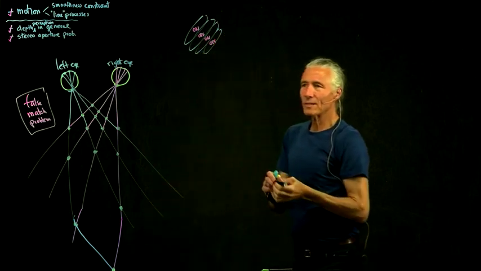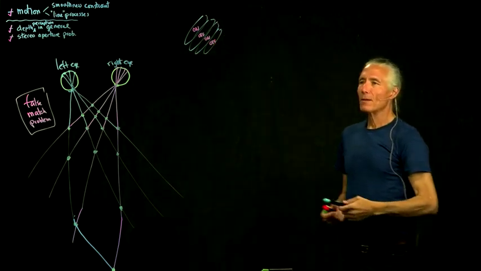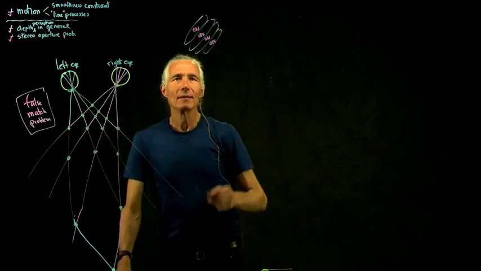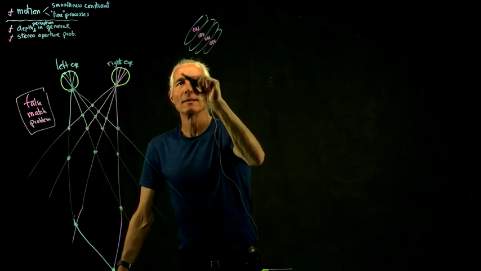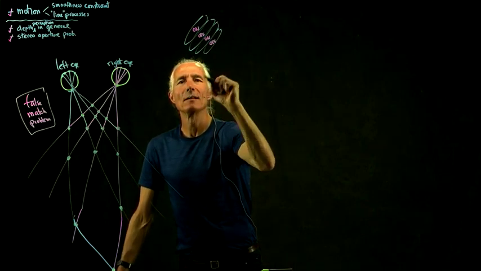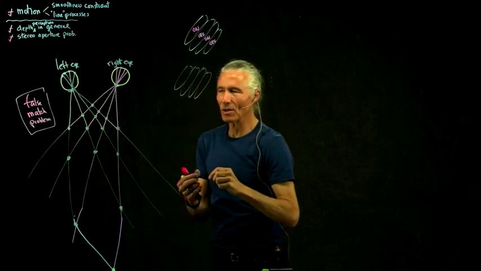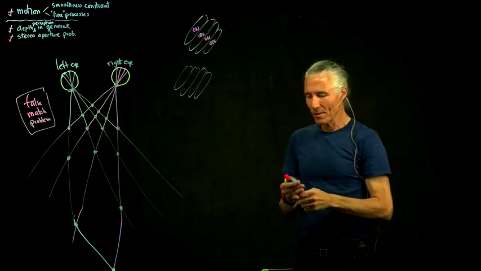Now I drew that as a single thing, but remember, we've got 2 eyes. So we have another copy of that over here. It's generally going to be more or less on top of the other eye.